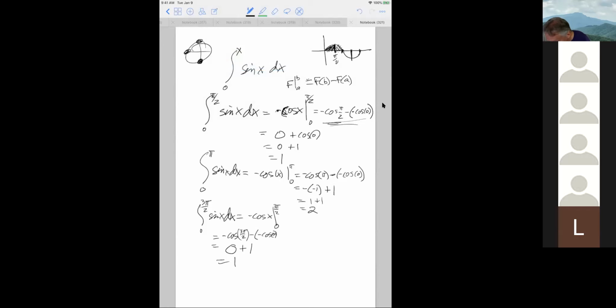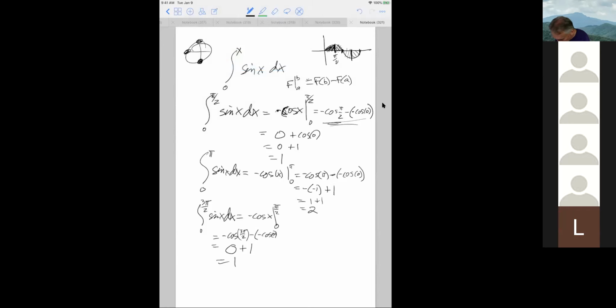So what we've done is we have taken away the area of that region that is under the x-axis. So that's 2 minus 1. And it'll be obvious what the final answer is going to be when you go to 2 pi. So the answer for this is 1. So we expect to take another 1 away, which means it'll end up being 0.